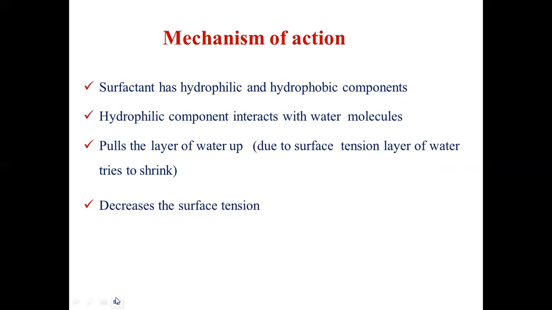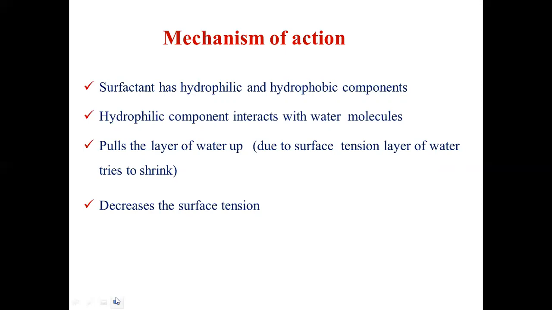How is this surfactant going to help in reducing the surface tension? Why is there a secretion? Because it is trying to prevent the lung collapse, which occurs due to surface tension. Now, the surfactant has two parts, hydrophilic and hydrophobic.